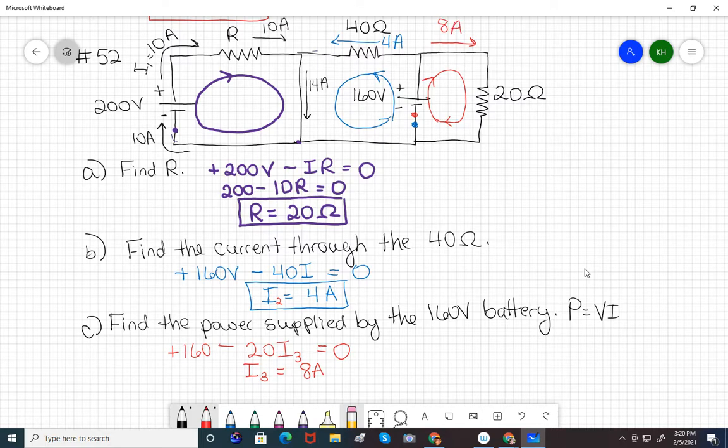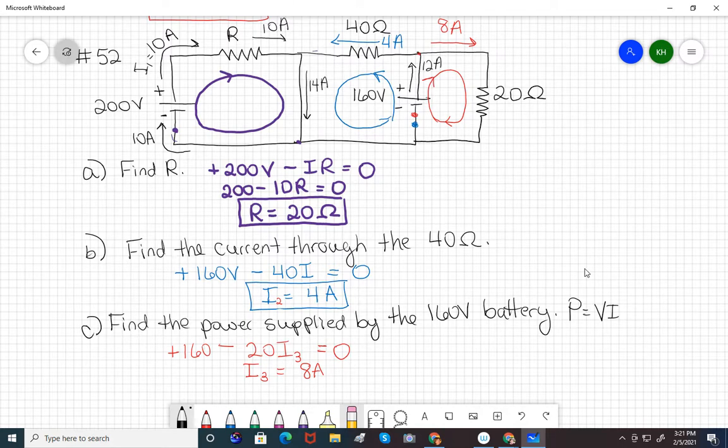If we use our understanding of the junction rule, if I have 4 amps going to the left and 8 amps going to the right, this in here feeding into that has to be 12 amps. There's 12 amps in, 4 go to the left, 8 go to the right.